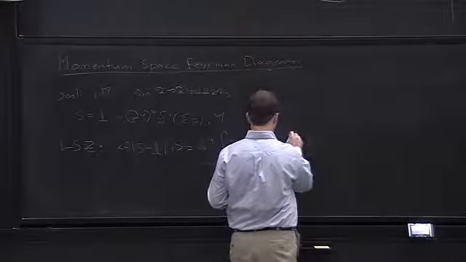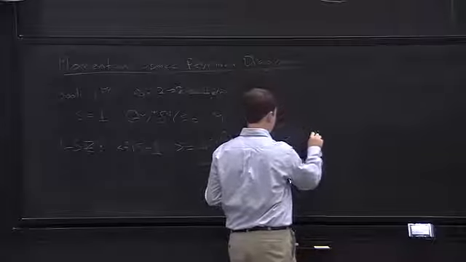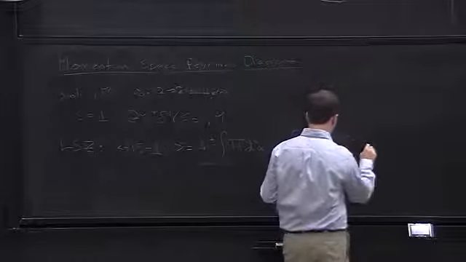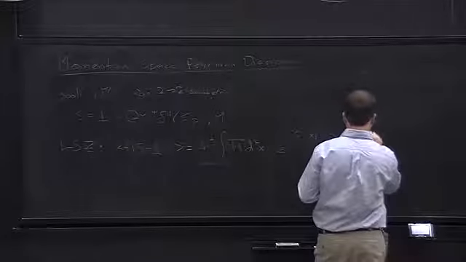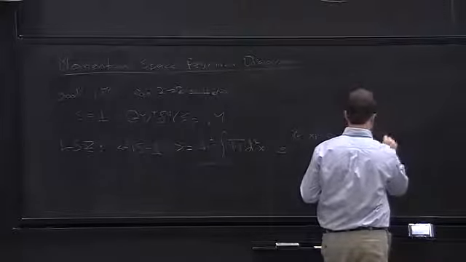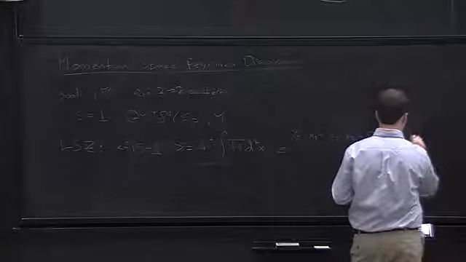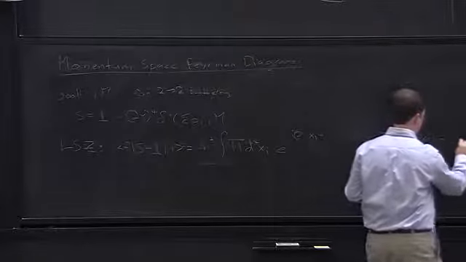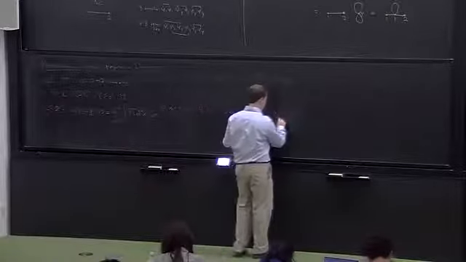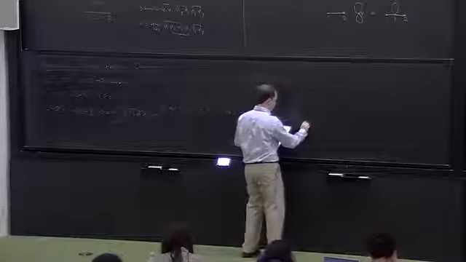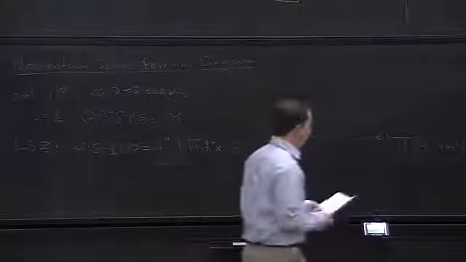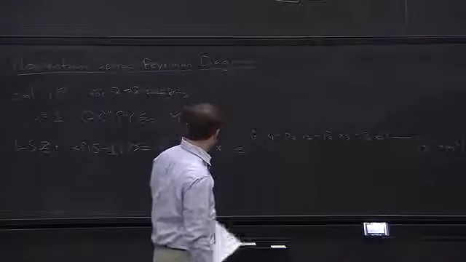We're basically taking a Fourier transform of our Green's function after we apply the Klein-Gordon operator for each particle. Okay, so this is our expression.